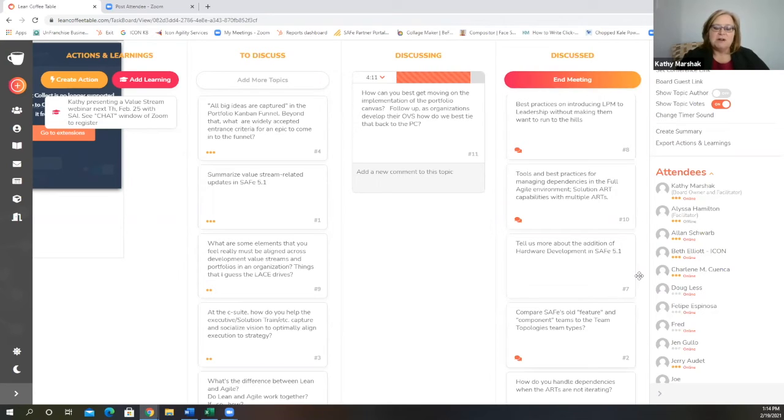If you understand where you are today, then talking about change is much easier. And so how do you best get started on the implementation of the portfolio canvas? Download that canvas and literally just start to fill it out. That would be my approach.